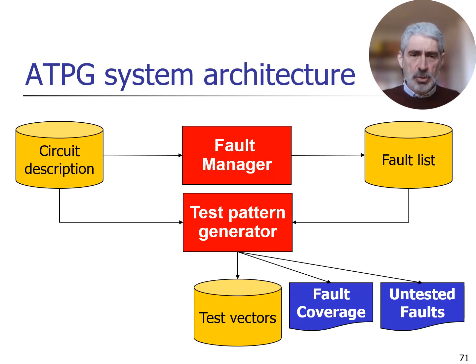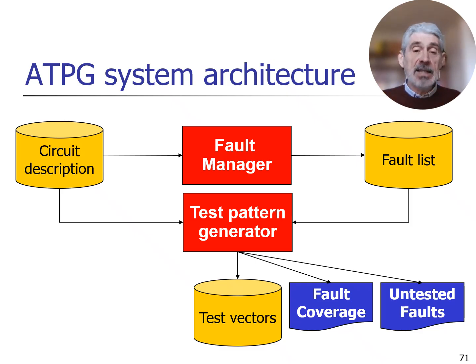This is the architecture. Everything starts from the gate level circuit description. There is the fault manager generating the fault list, and there is the test pattern generator composed of a test pattern generation module targeting a single fault and generating a vector, and a fault simulation module. The test pattern generator implements the flow we discussed in the previous transparency.